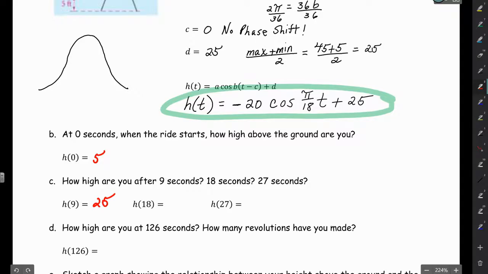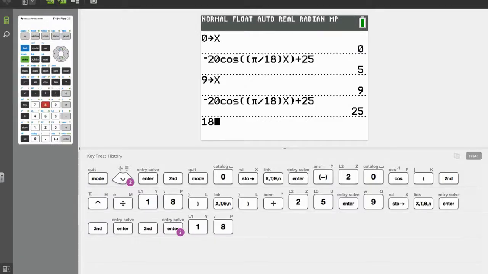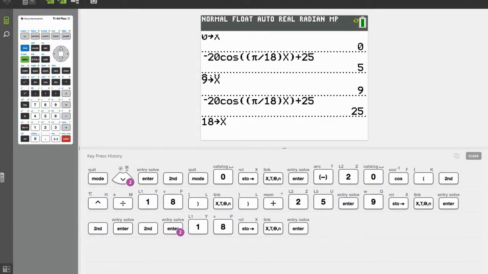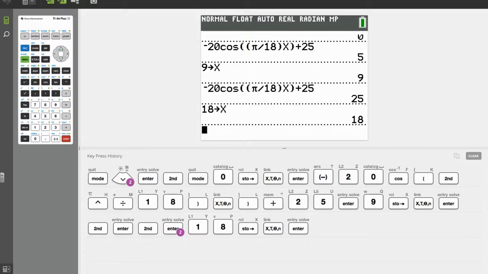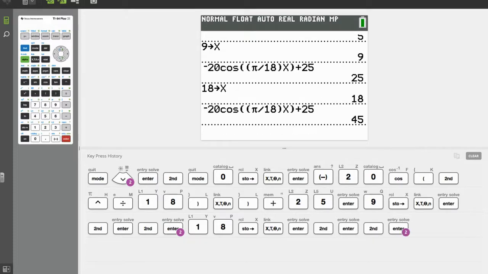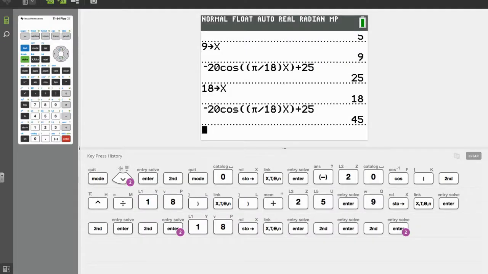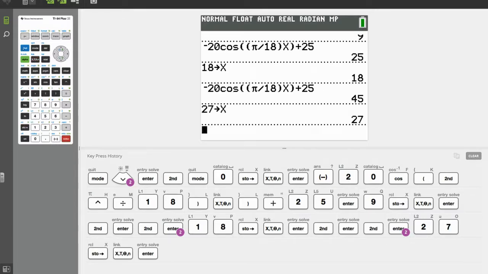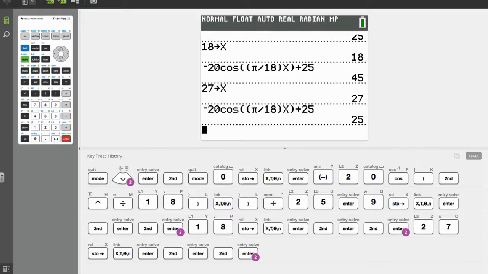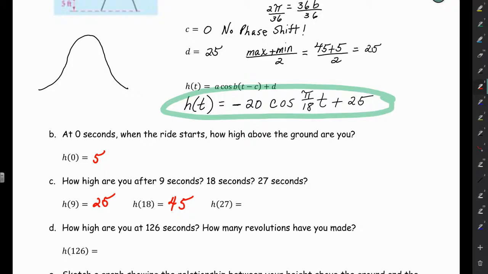Now I'll put in 18. So 18 store x, second, enter, I get 45. And the last one, I'm going to store 27, store x, second, enter, enter. And I get 25.